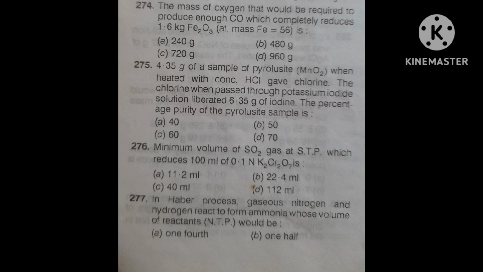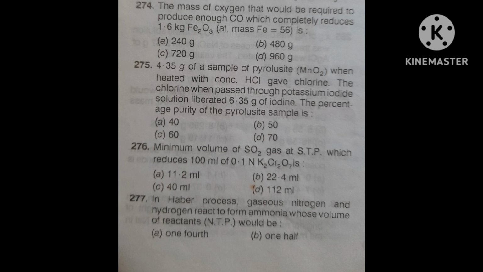Then for 1.6 kg Fe2O3, you will get 96 divided by 320 into 1.6. After solving, you will get 0.48 kg, or in gram, 0.48 kg into 1000, correct? You will get 480 gram.